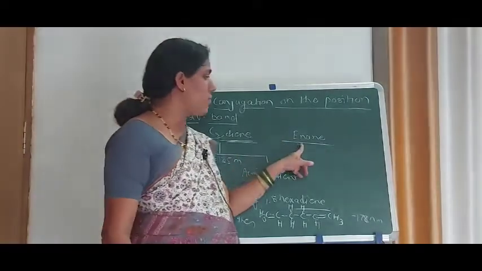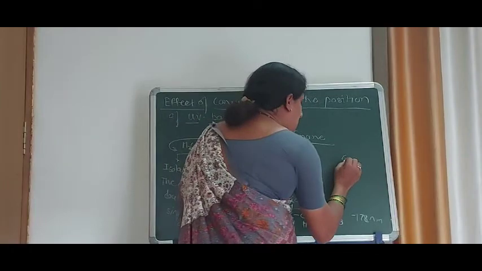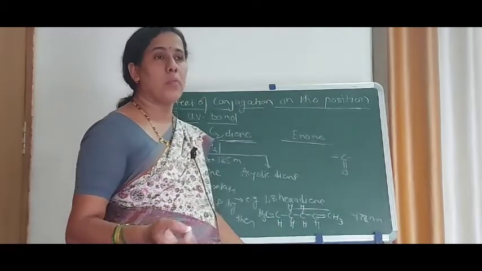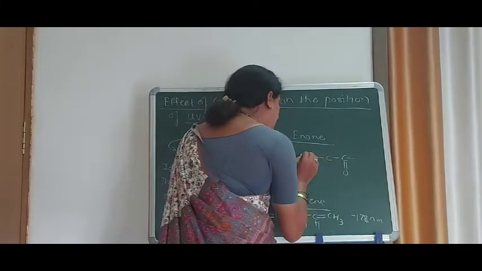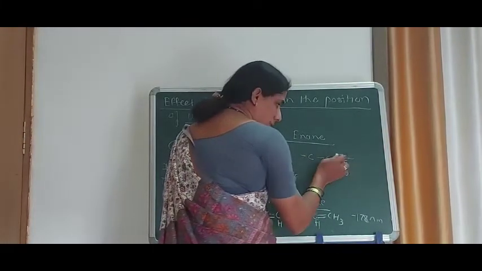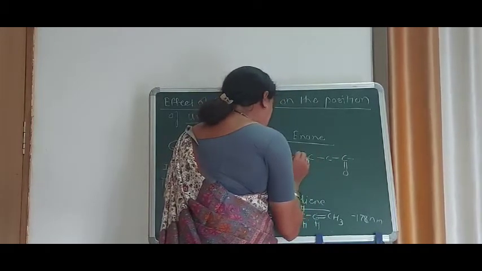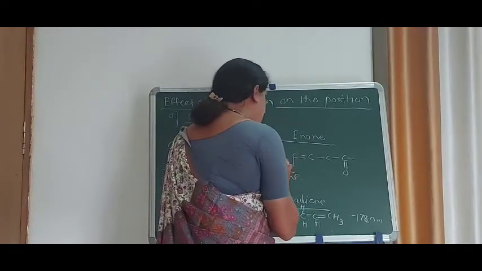Now what is meant by an enone? Enone means a compound containing a carbonyl group and the carbon atoms adjacent to the carbonyl group, with the pattern single bond, double bond, single bond, and then double bond. Here this carbon atom is called alpha, this is called beta. This is a single bond, this is a double bond, single bond, and here also a double bond.